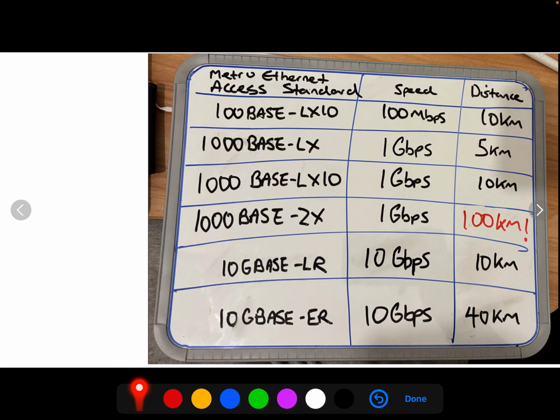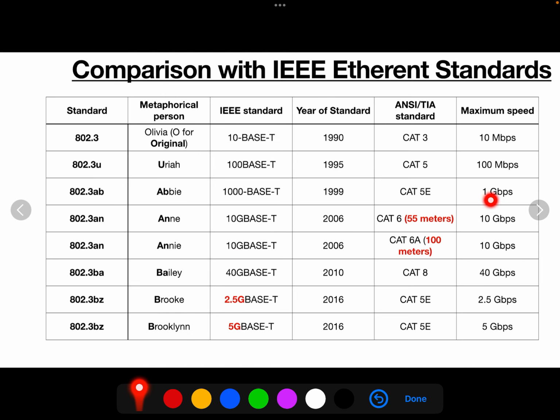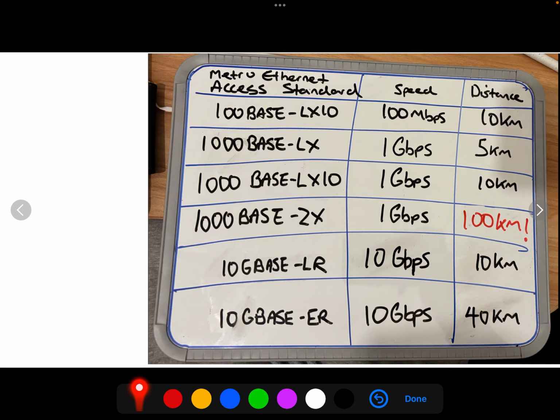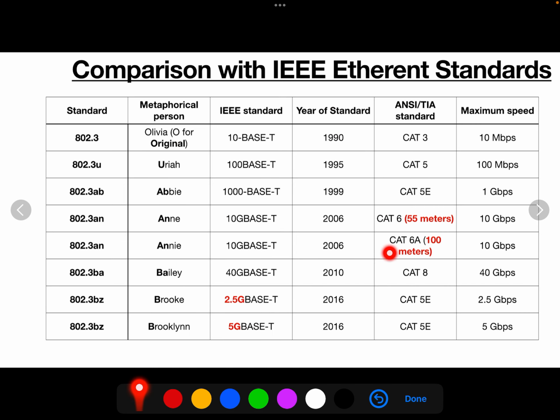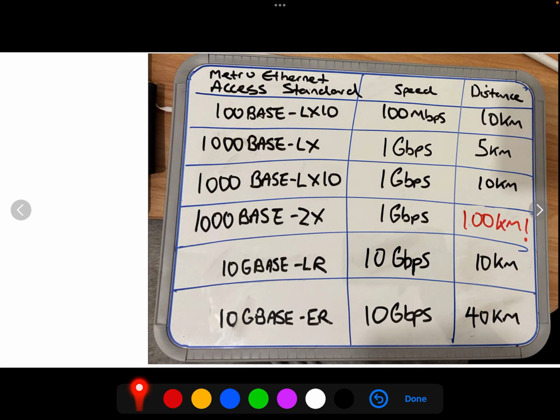You might expect to see these being used as Ethernet access links because they support longer distances than standards that use UTP cabling, like in here. I don't actually have a column to show the distance, but what you've got to remember is that these all, with the exception of this one, are up to 100 meters, whereas these you're looking at kilometers. So these tend to be used for UTP cabling. These tend to be used for Metro Ethernet access links.